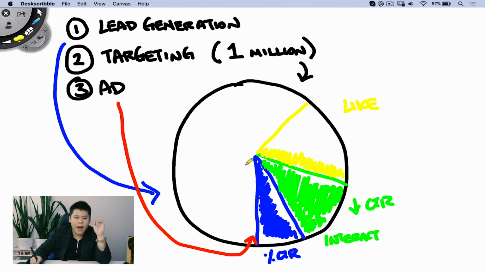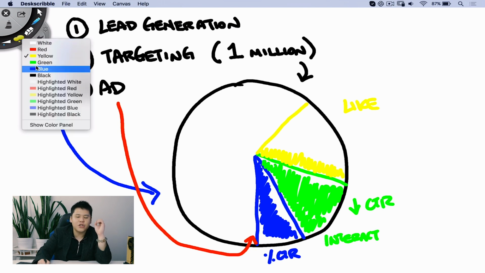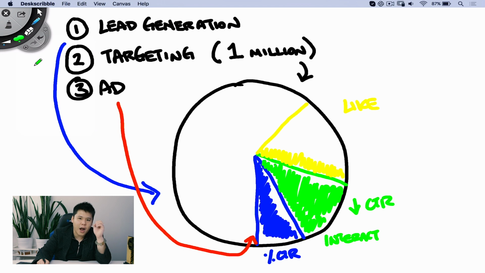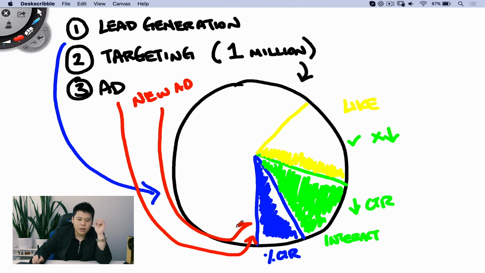So at a certain point, as you scale, as you continue to run your ad, you may end up in this pool where your ad starts to tank. And if that happens, then all you've got to do is, like I said, make a new ad to re-enter back into the auction to repeat the cycle again.